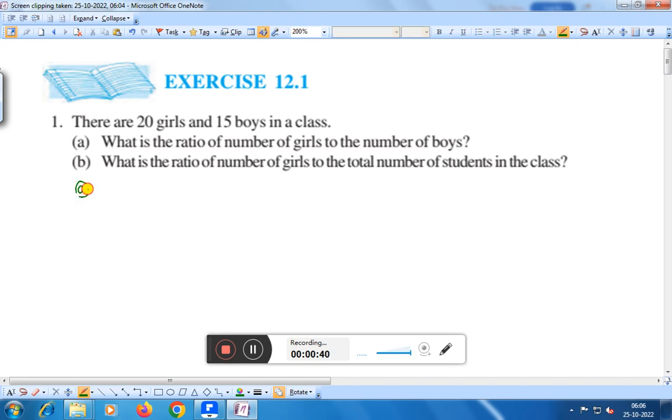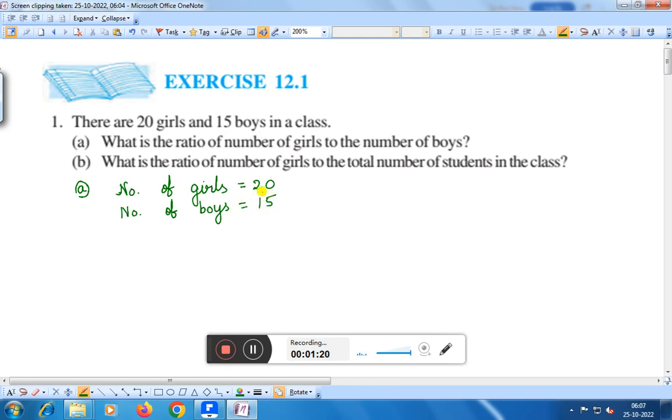Here it is given that number of girls is equal to 20 and number of boys is equal to 15.